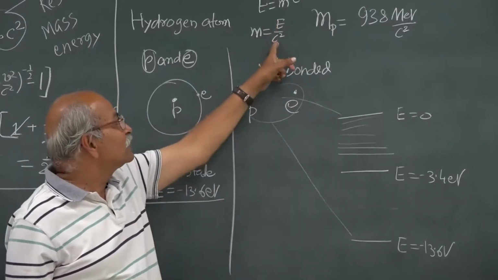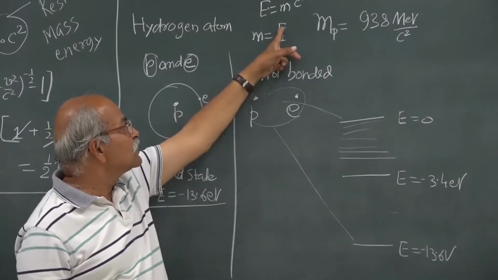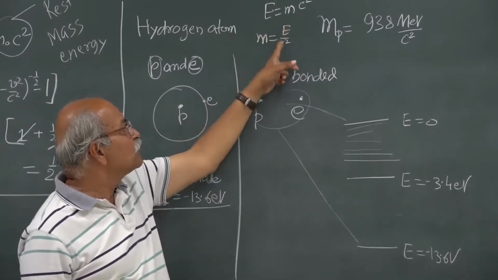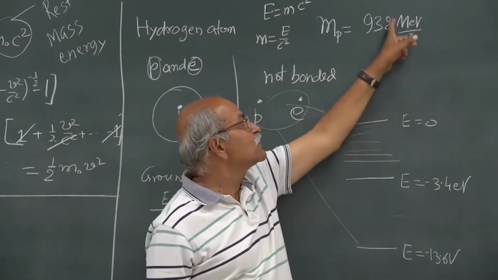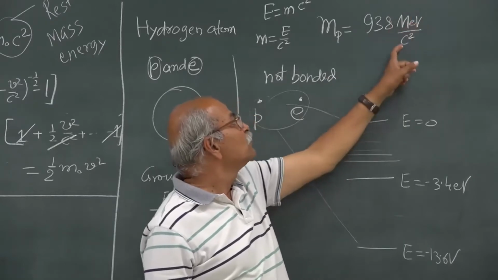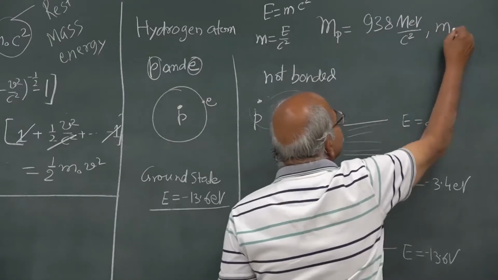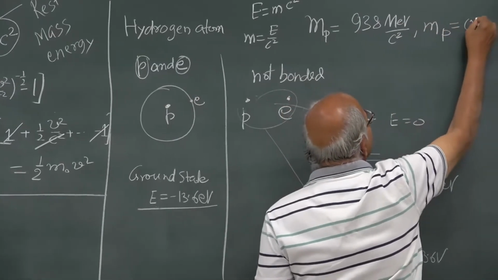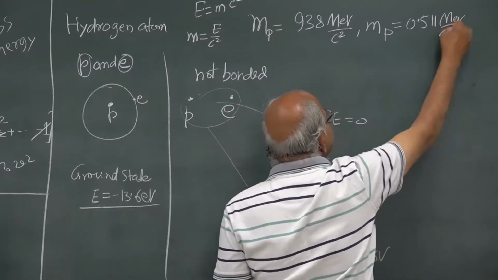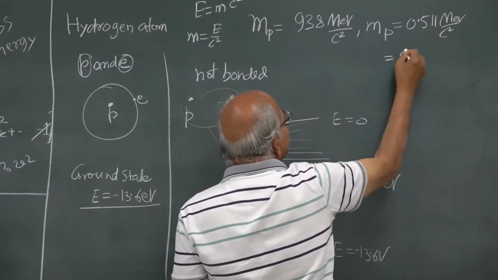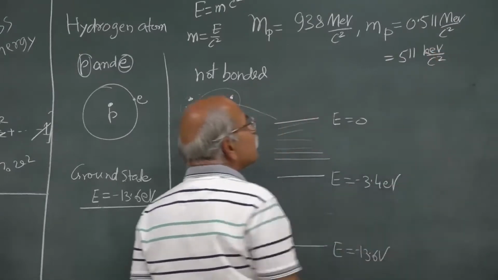So, if I measure this energy in electron volts, this unit will be electron volt by c square, and MeV is mega electron volts by c square. So, this is the unit of mass. The mass of the proton is this, and the mass of the electron is 0.511 MeV by c square, or 511 keV, kilo electron volt by c square, that is the electron.